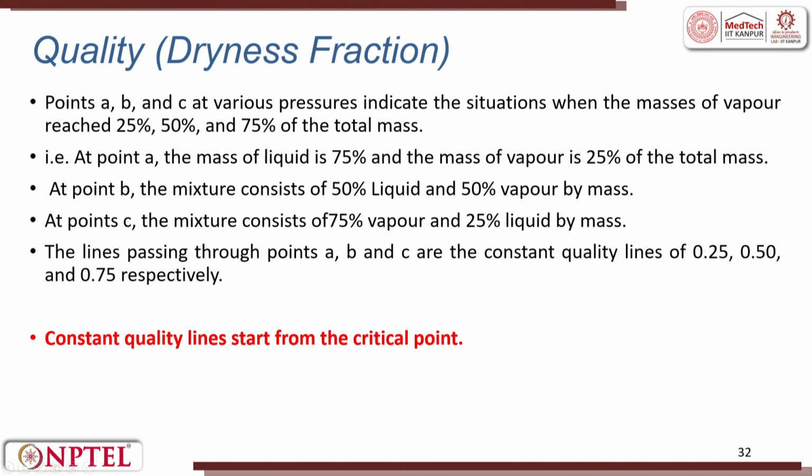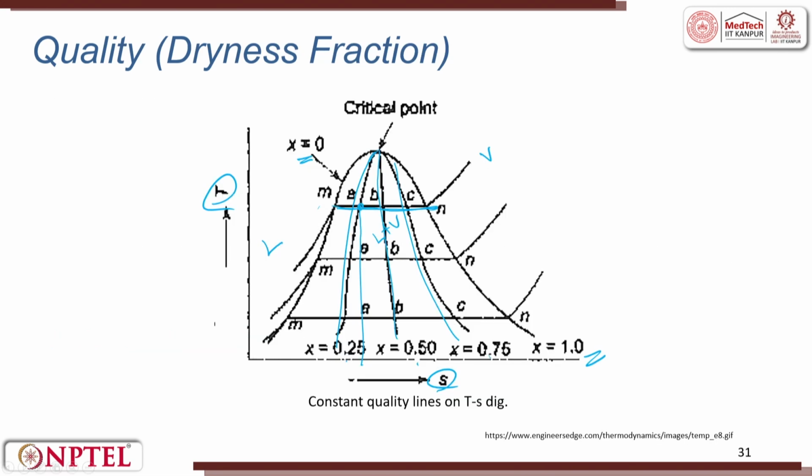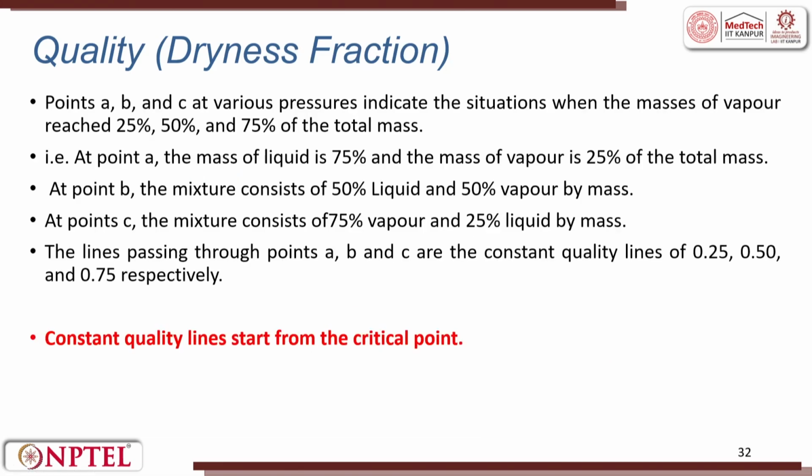Points A, B and C at various pressures indicate the situation where the mass of the vapor reaches 25%, 50% and 75%.